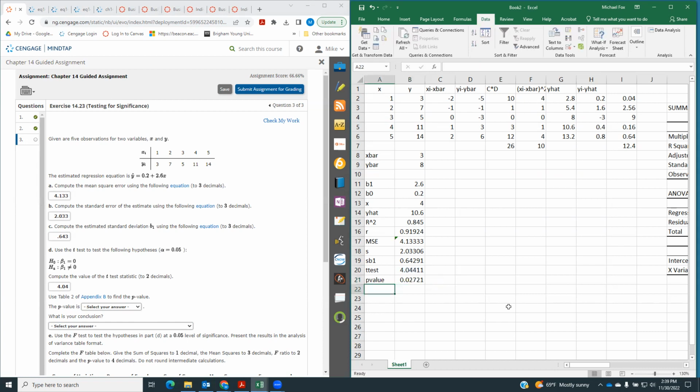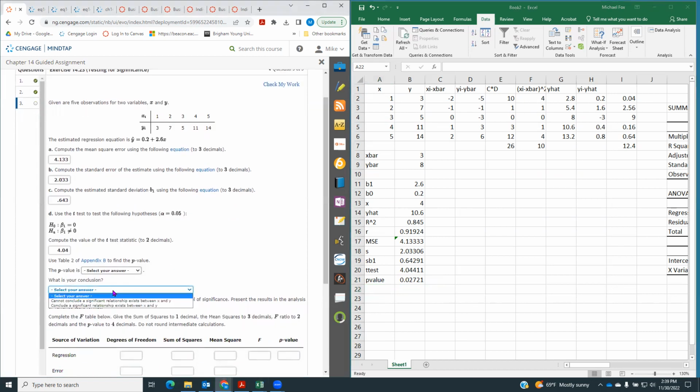And that gives me our p-value. So the p-value is 0.027. Oh, wait. My p-value is somewhere between 0.025 and 0.05. So since our p-value is less than our alpha, then we're going to conclude that this thing does not equal 0, right? And therefore, there is a significant relationship between X and Y.